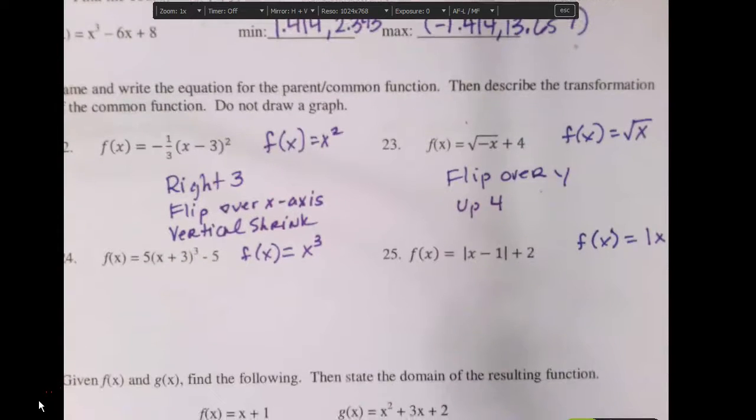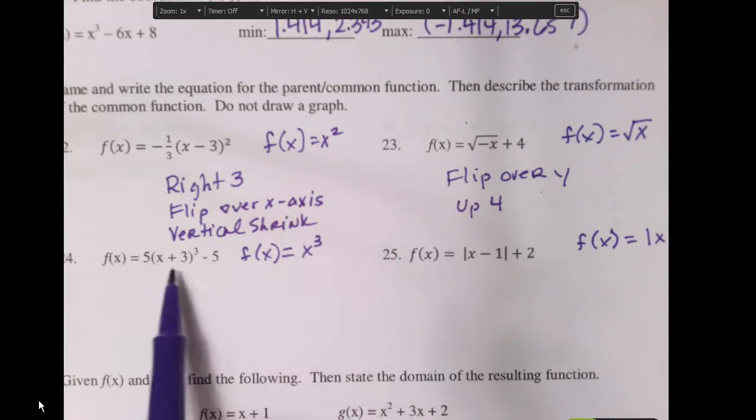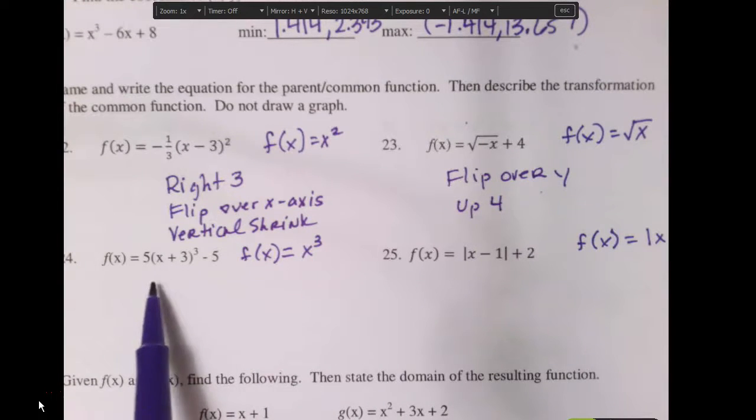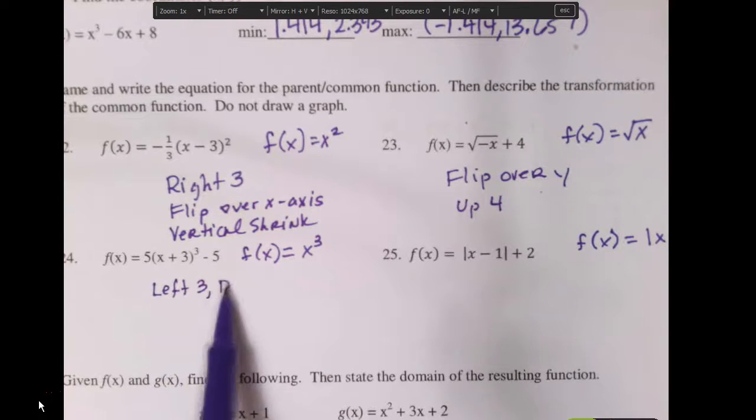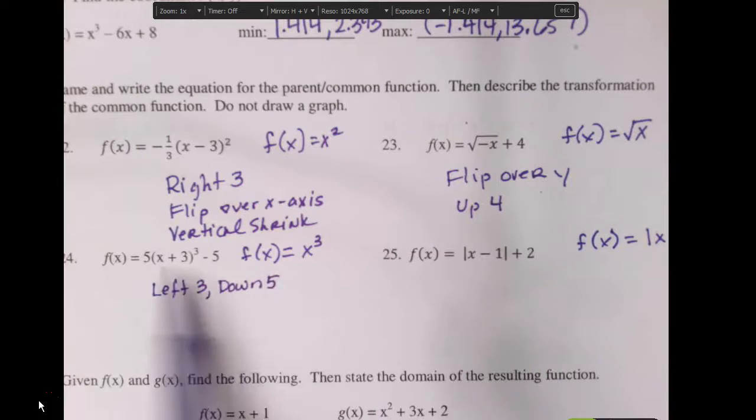In number 24, we've got an h of +3, so that's left 3, down 5, and then this 5 on the outside, that is a vertical stretch.